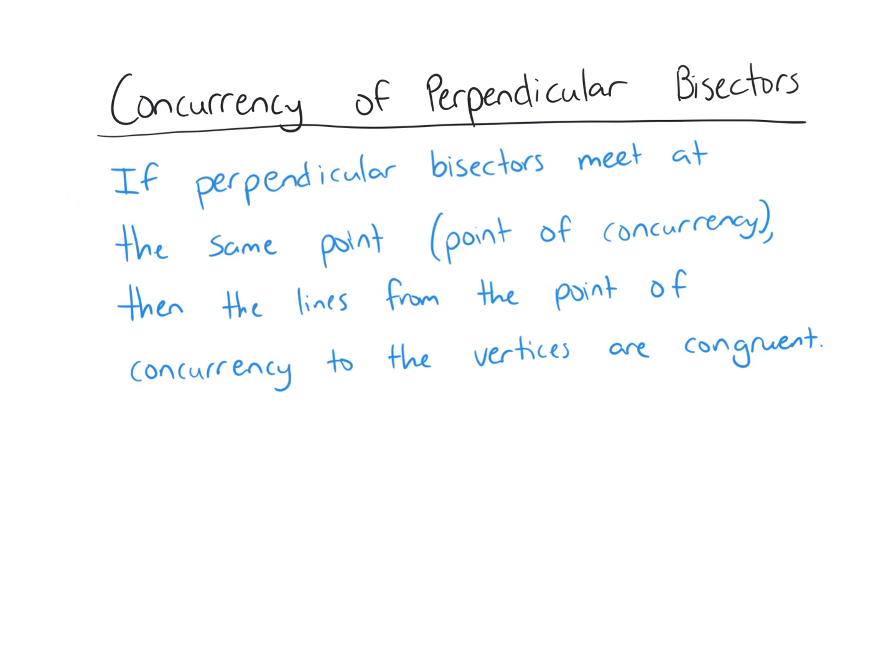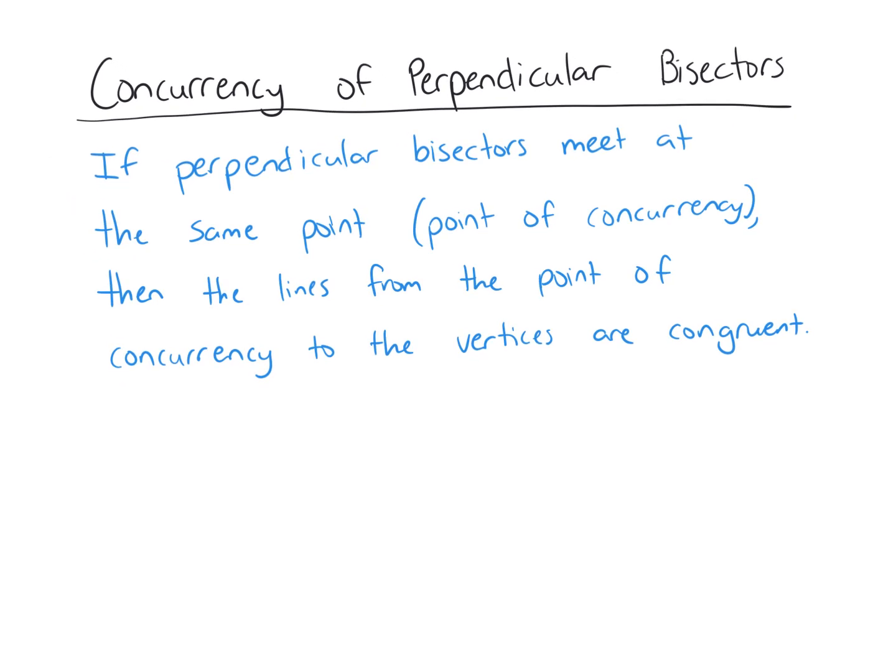That is the concurrency of perpendicular bisectors theorem. What I want you to realize is it is an if-then. So if perpendicular bisectors meet at the same point, then the lines from the point of concurrency to the vertices are congruent. Don't worry, I'm going to put a picture with it.